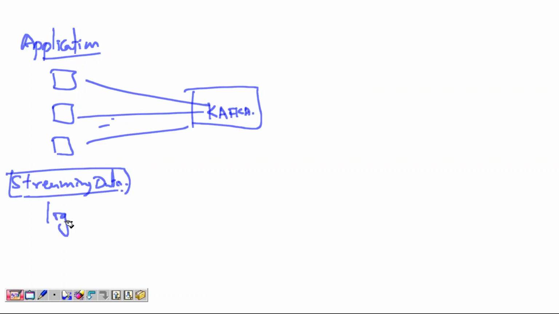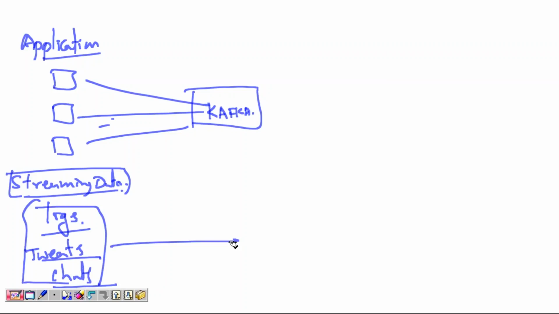The best example is logs, and tweets of social media, or our chats, whatever it may be. These things could also be written directly into Kafka. Then who is capturing this? Flume is capturing, and Flume is writing into Kafka.